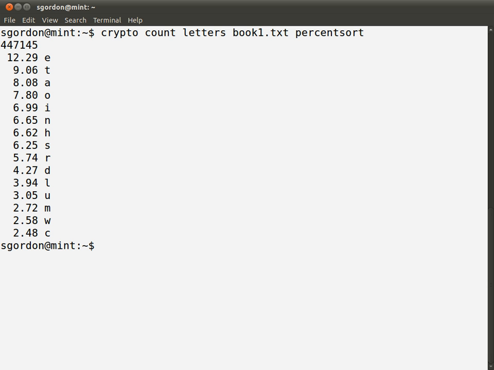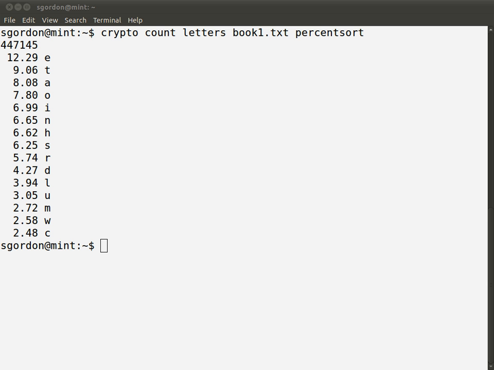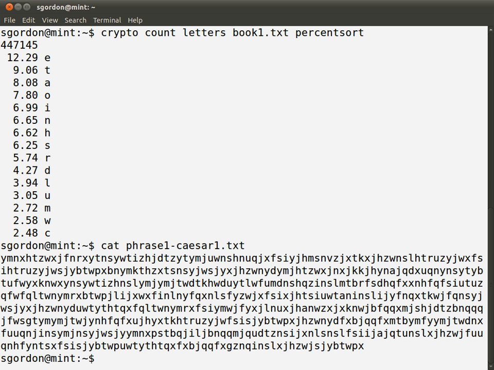Now let's look at our ciphertext. Which letters are the most common in our ciphertext? We've got a different ciphertext this time. I'll show you the ciphertext. There's our ciphertext, a bit longer.